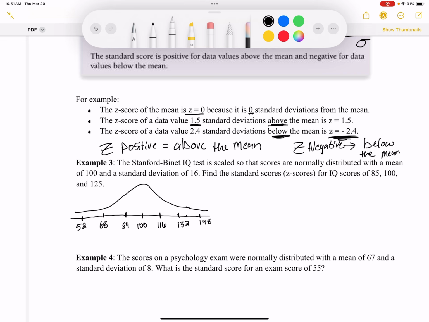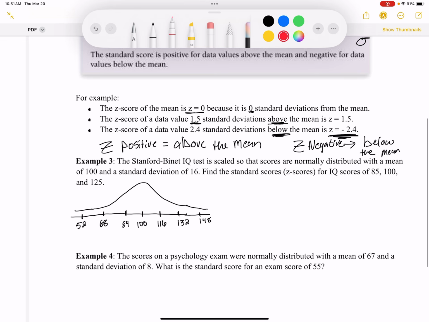So just to be clear, we have our mean here, and then we have plus 1 standard deviation, plus 2, and plus 3. Here we have minus 1 standard deviation, minus 2, and minus 3, all coming from the mean.